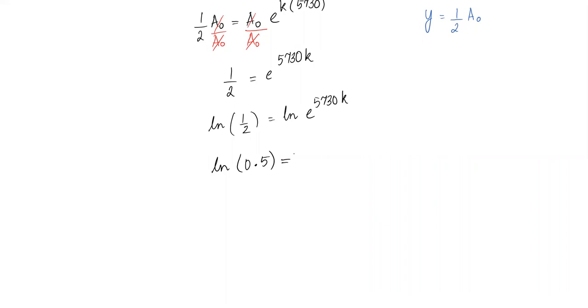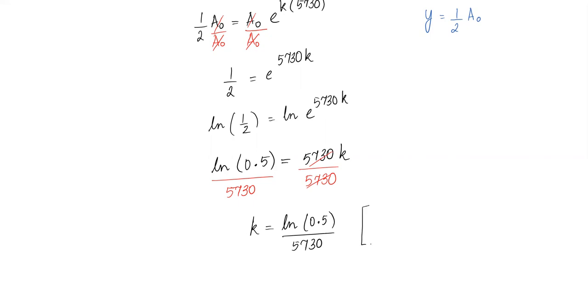So ln half equals 5730k, and then you solve for k in one last step. So k is ln 0.5 divided by 5730.